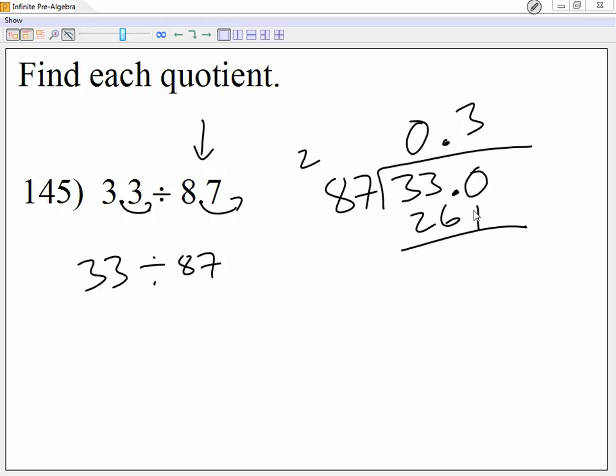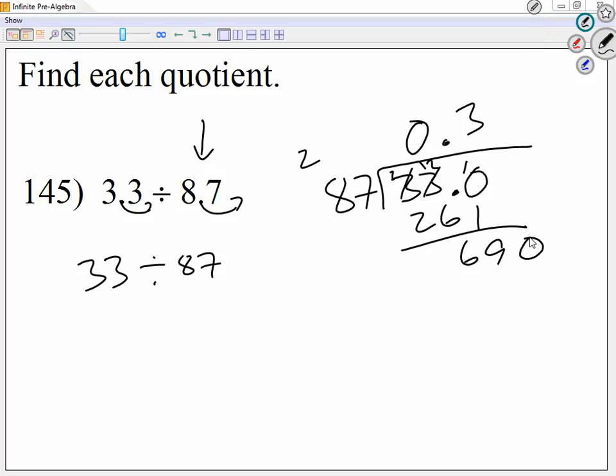When I subtract this, I get a 9, I get a 6.